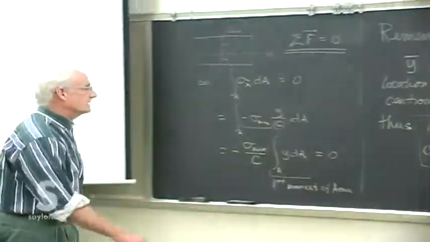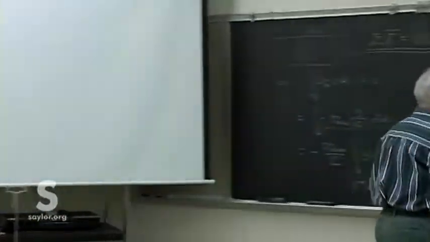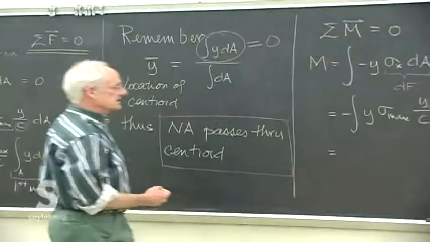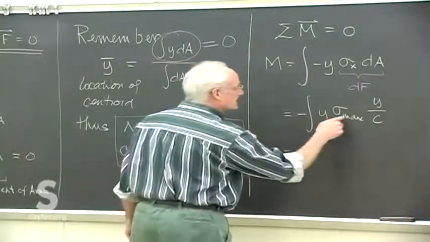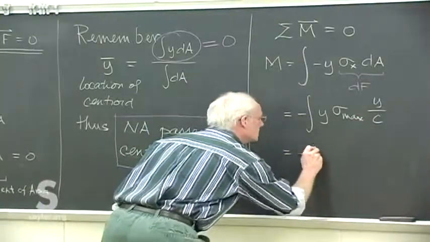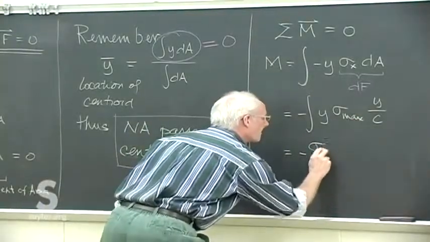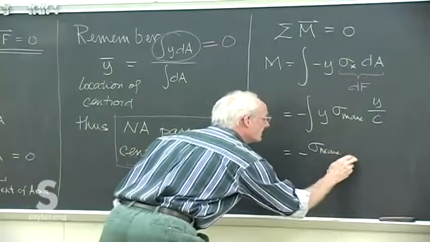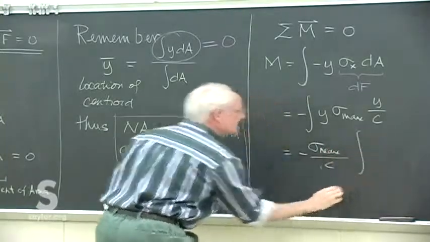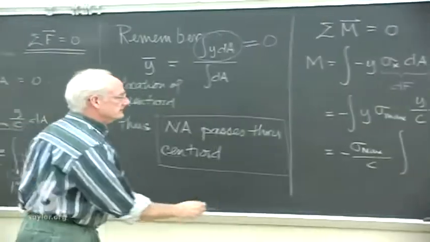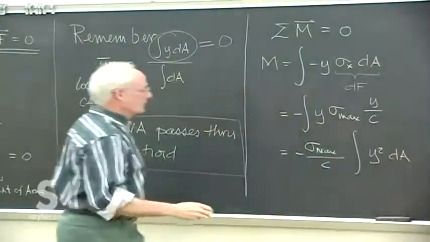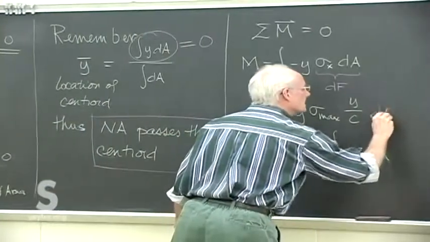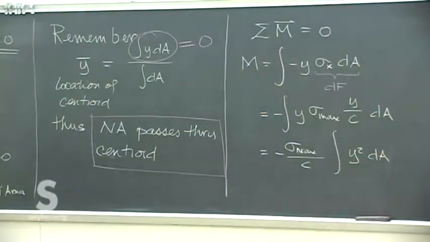Well, it's going to turn out it doesn't really matter because we know exactly what the directions are anyway. So the tradition is the minus sign and a little bit's even left off. Again, minus sigma max over c is a constant, comes out of the integral. We're left with y squared dA.